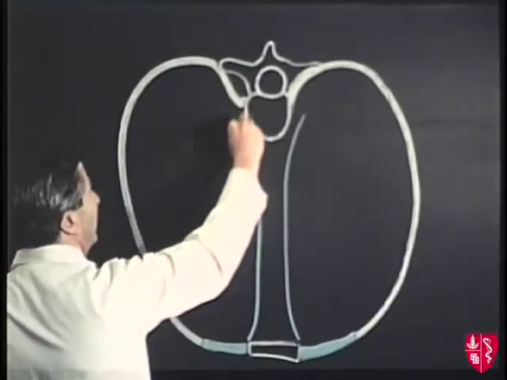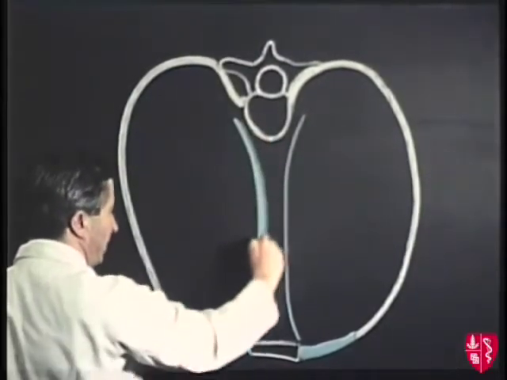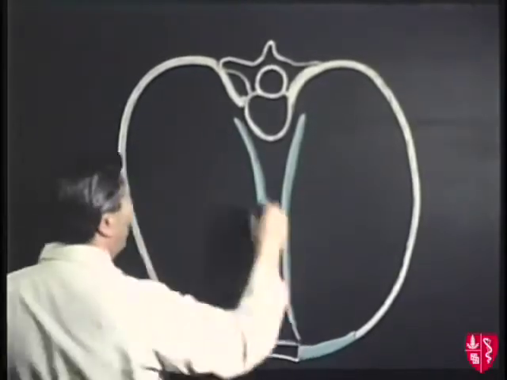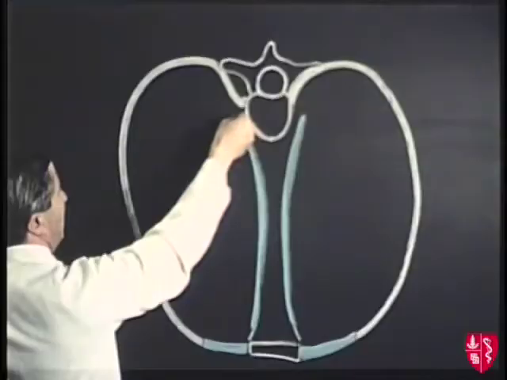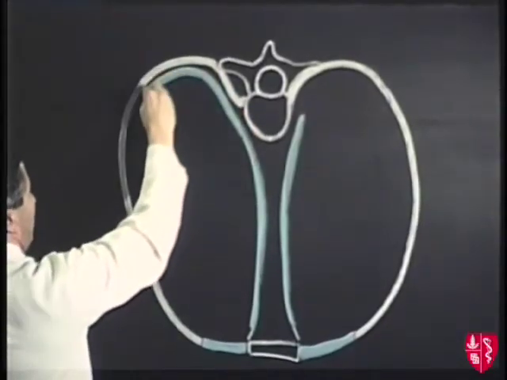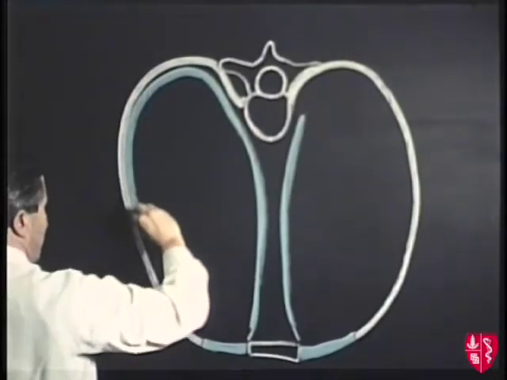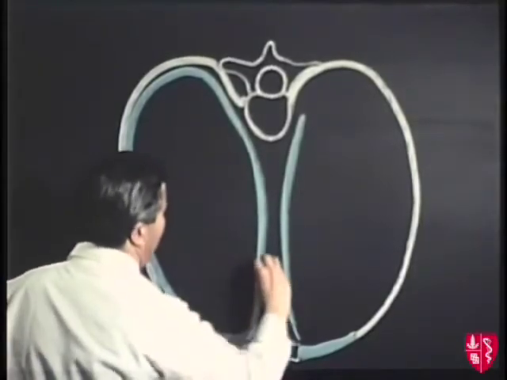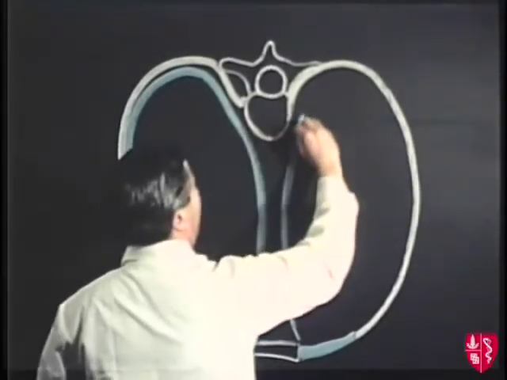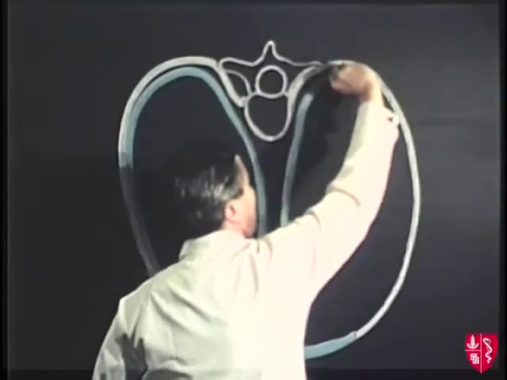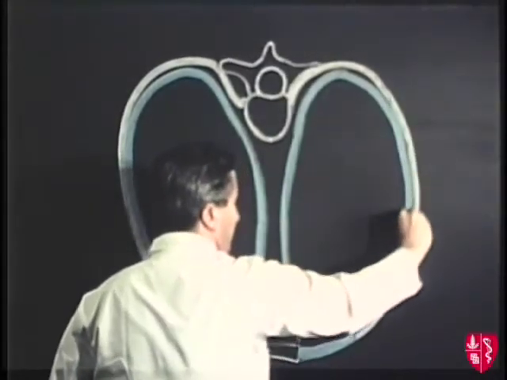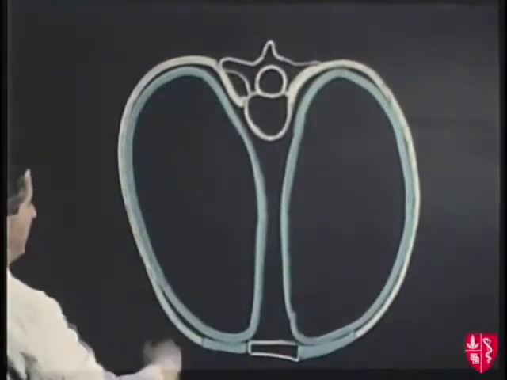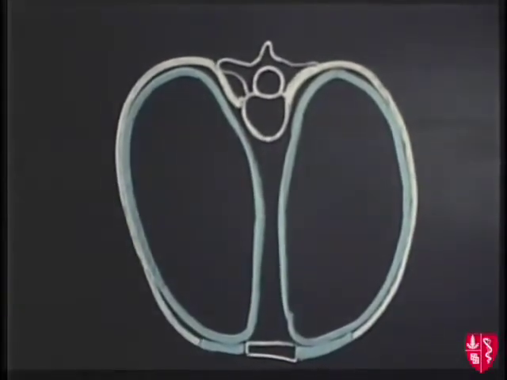Now, if we follow this lining, which is referred to as the parietal pleura, around on the inside of the chest wall, we see that it lines the ribs and the intercostal spaces and comes around in that manner. And the same thing on the other side. So that we have now the chest wall lined with what we refer to as parietal pleura.